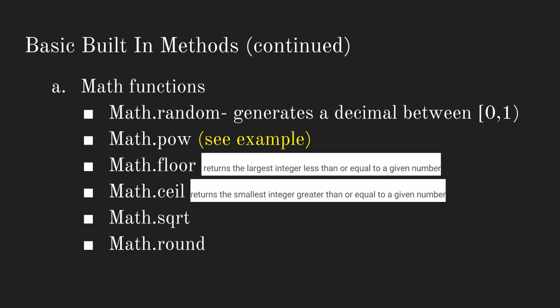Same with math.ceil, which just returns the smallest integer greater than or equal to a given number. Math.sqrt is sort of like math.pow, but it just finds the square root, and then math.round would just round a certain decimal to the nearest integer value.